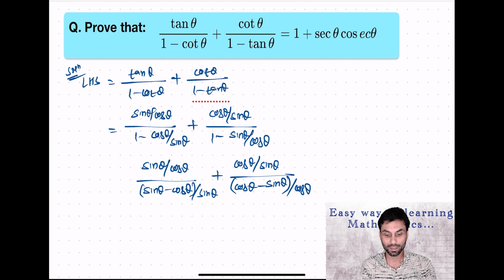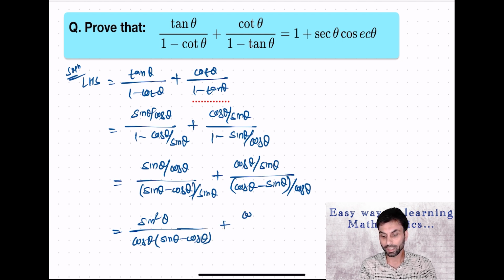Now here when we simplify it, we will get sine square theta upon cos theta into sine theta minus cos theta, plus cos square theta upon, this will be cos theta minus sine theta into sine theta.